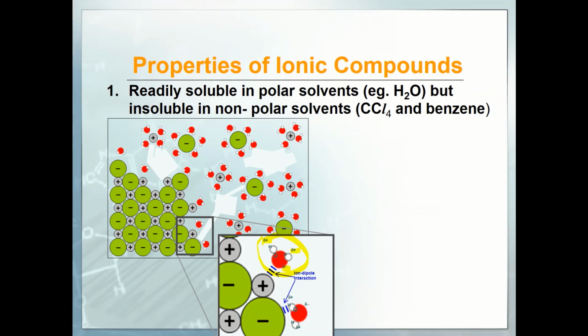Now, what do we mean by ion dipole interaction? That means it's the interaction that occurs between the ions and the water molecule, which is a dipole. This ion dipole interaction is going to release energy. Likewise, another water molecule is going to form ion dipole interaction with its delta positive hydrogen end being attracted to the negatively charged anion.